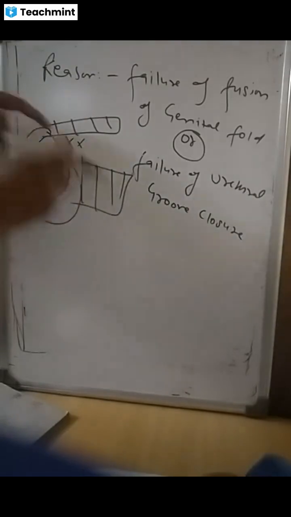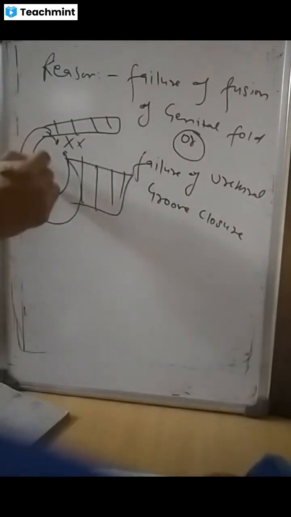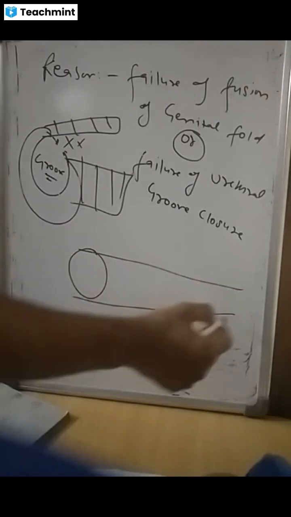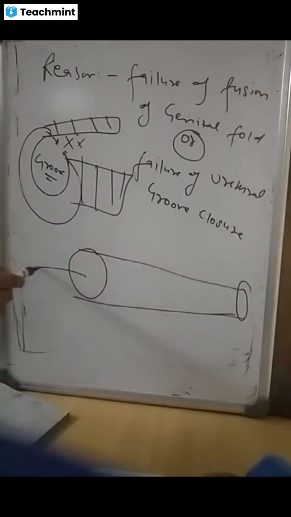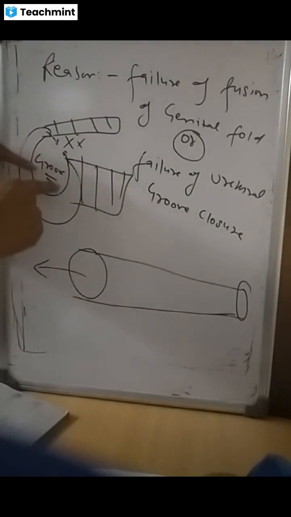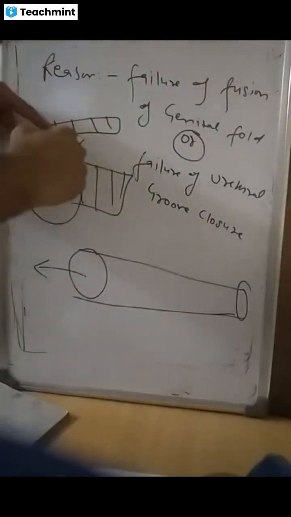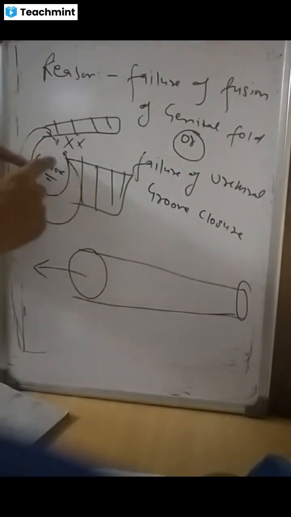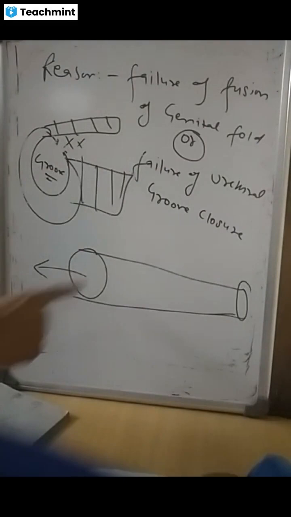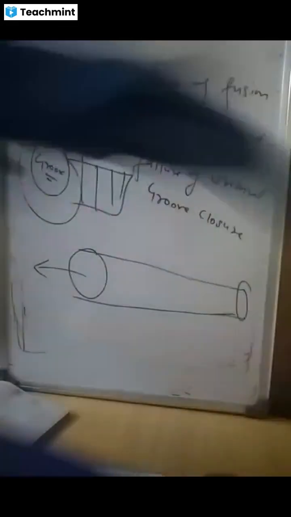If these urethral folds do not fuse, then this groove will not close. If they fuse, then they will close it and lead to formation of the penile urethra that will open outside. So failure of fusion of the fold, in other words failure of closure of this groove, may lead to hypospadias, and it may occur at any point.